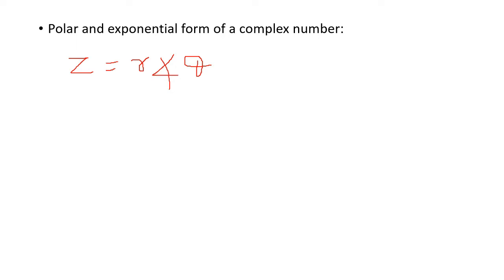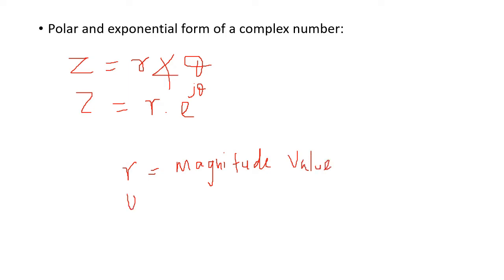It can be written as z equal to r into e to the power j theta. As I said earlier, r is a magnitude value, theta is a phase value.